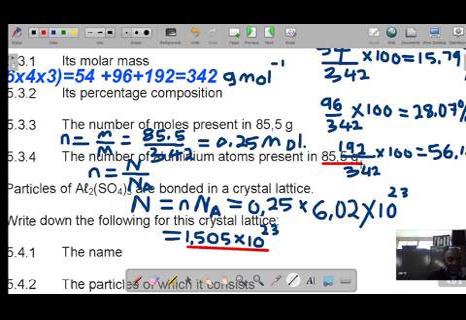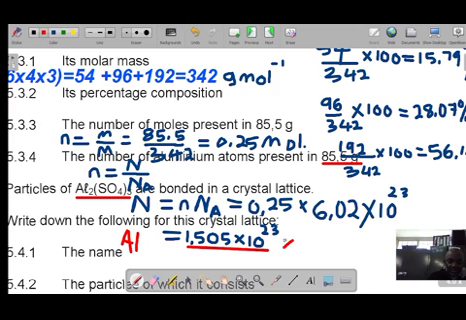But the question wants us to know the number of aluminium atoms. Look at our formula again. Aluminium is 2 times in aluminium sulfate. So to get my aluminium atoms, I multiply the number of packets by 2.